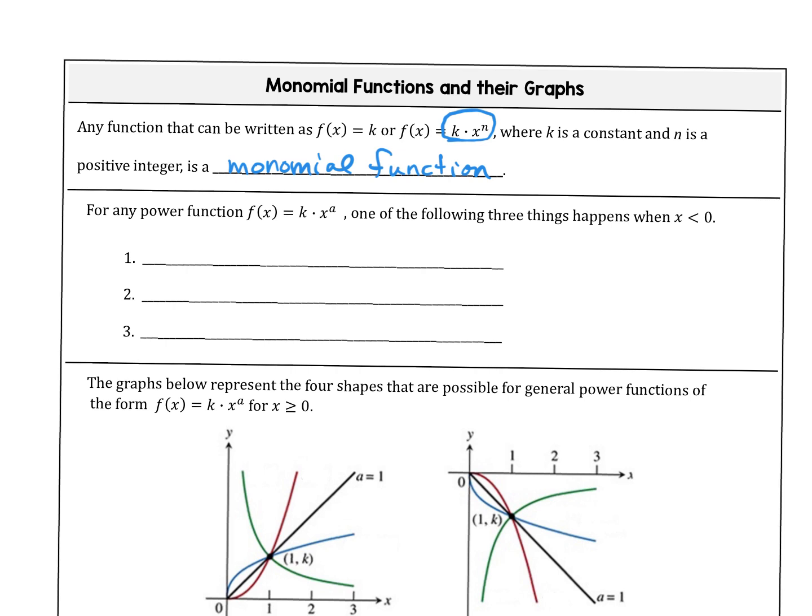For x less than 0, it's going to be an even function, it is going to be an odd function, or it is going to be undefined for x less than 0.